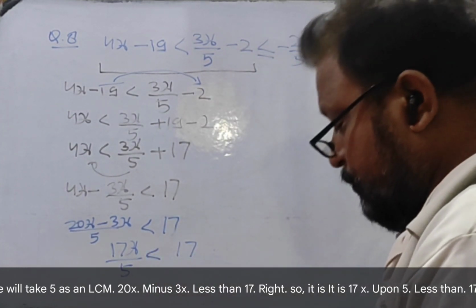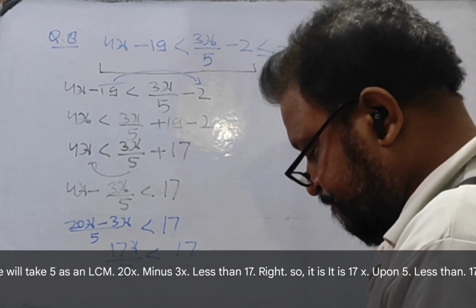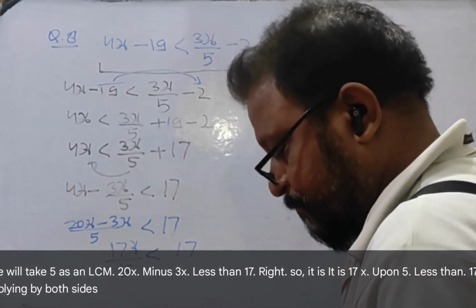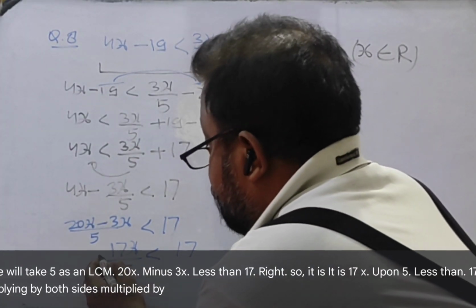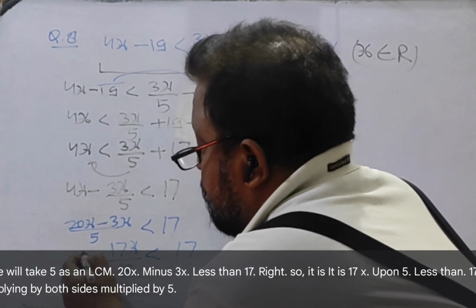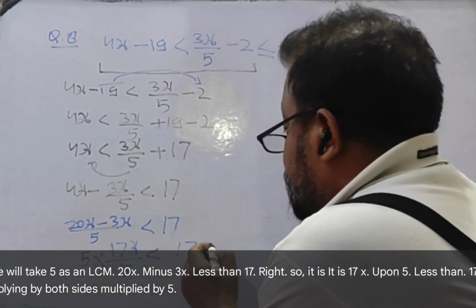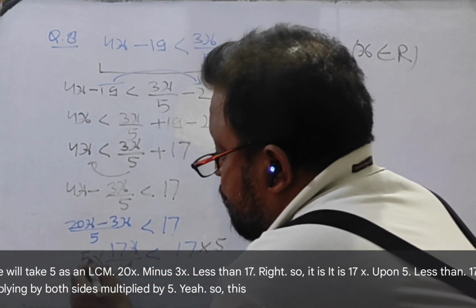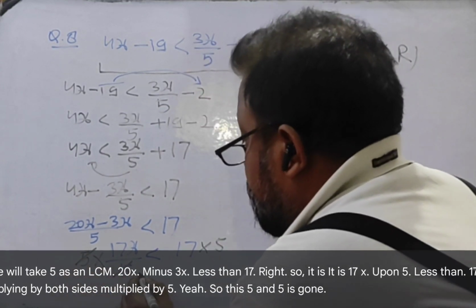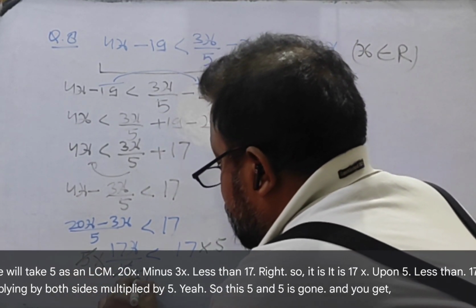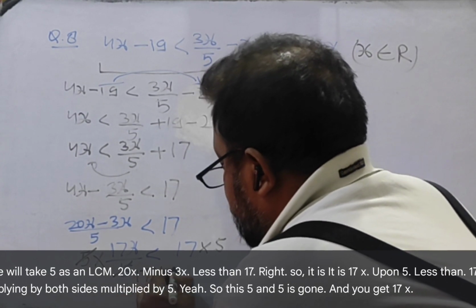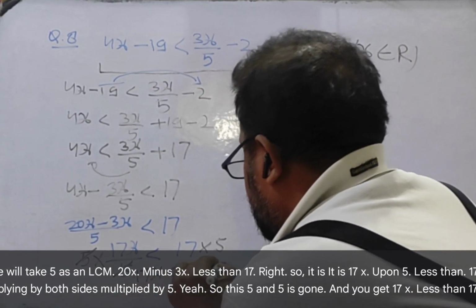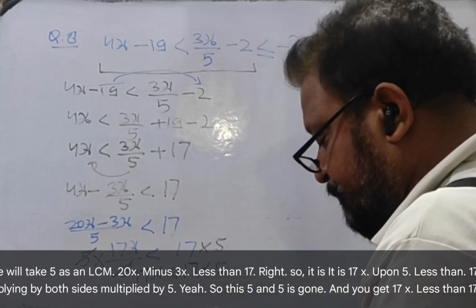Now both sides multiplying by 5, this 5 and 5 is gone and we get 17x less than 17 into 5, right?